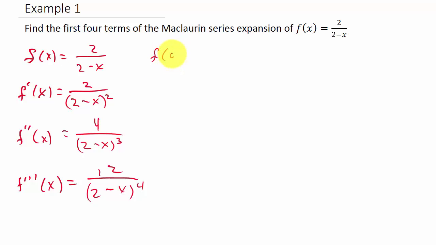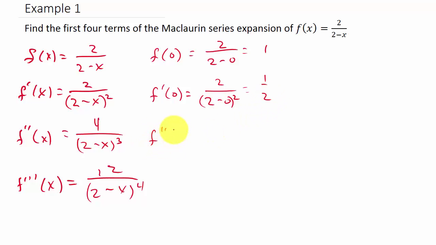So f of 0 is going to be 2 over 2 minus 0, which is 1. f prime of 0 would be 2 over 2 minus 0 squared, so that would be 2 over 4, which would be 1/2. f double prime of 0 would be 4 over 2 minus 0 cubed, which is 4 over 8, giving us 1/2.